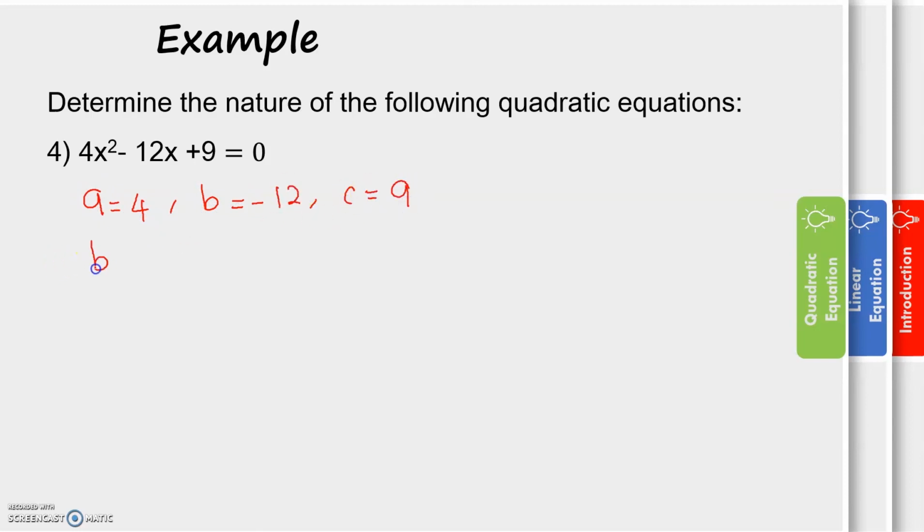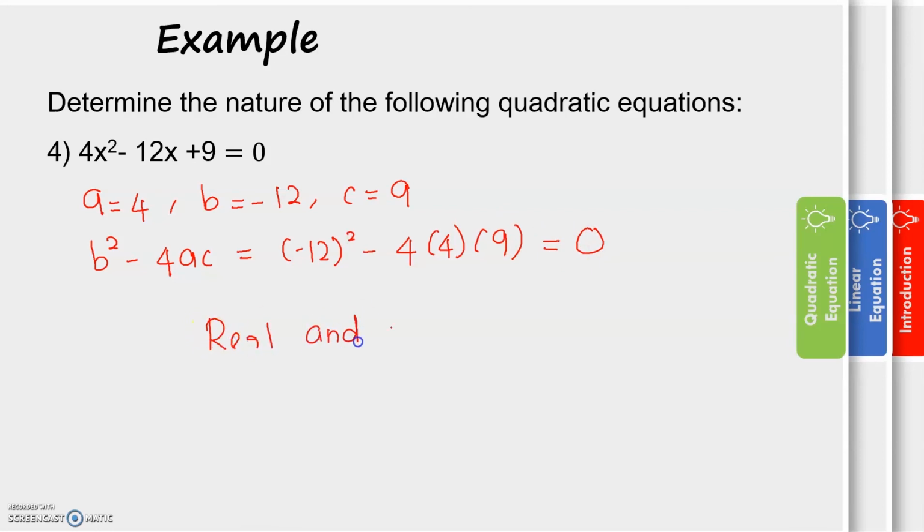When we substitute into the discriminant b squared minus 4ac, we have negative 12 squared minus 4 times 4 times 9. When we solve, we get the answer equal to 0. So, we can conclude we have real and equal roots.